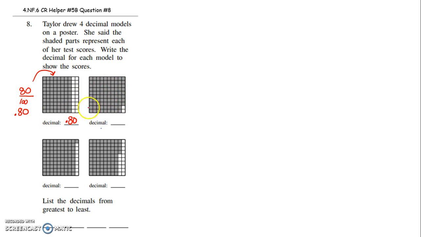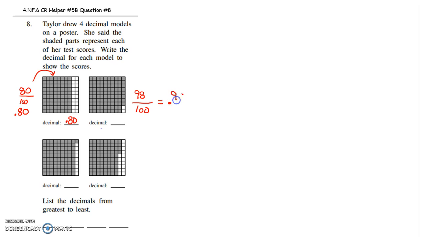Ooh, did really well this go round. Out of 100 questions, how many questions did they get right? There's only 2 that aren't colored in. That means 98 out of 100 questions that student got right. 98 hundredths.